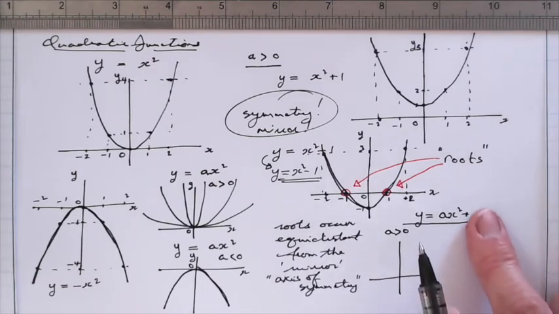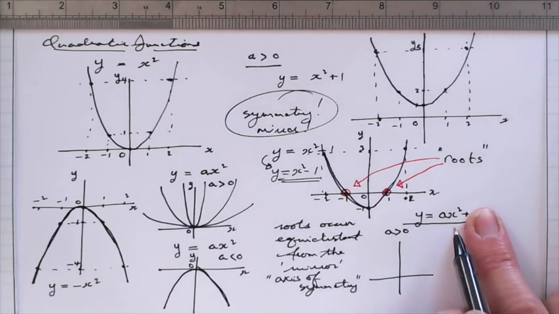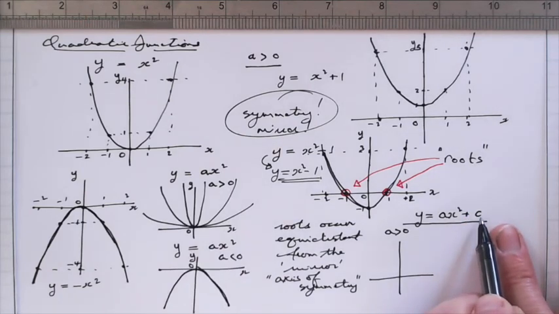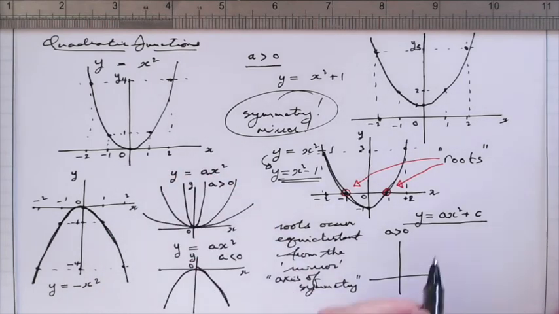We know that if we have c equals 0, we've already discussed that, that's what these curves look like. If I add on a positive value of c, it's going to push these curves up. So if c is positive, I'm going to have parabolas that look like this. And you see, those parabolas have no roots.